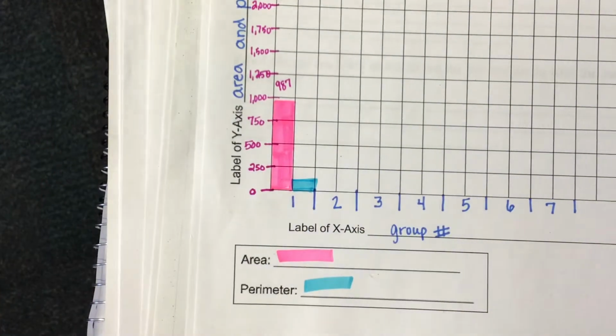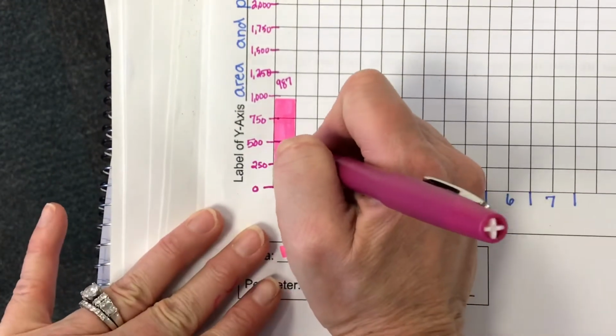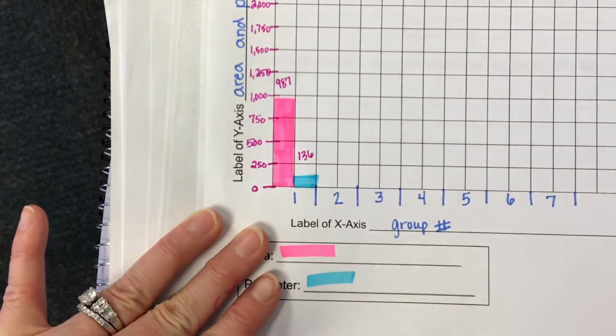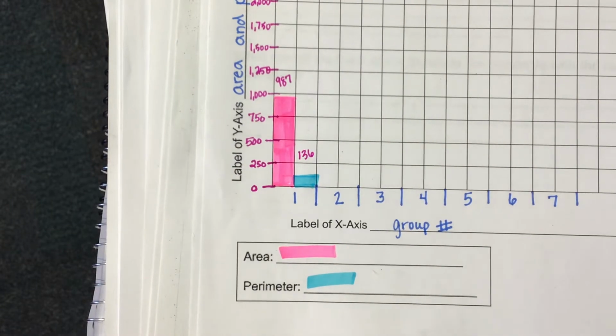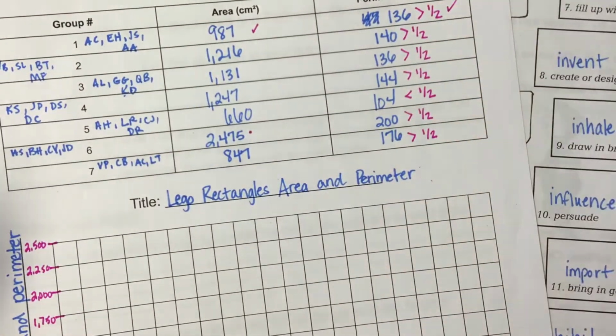And again, because I want to make it clear what's being represented, I'm going to go ahead and write the number 136. And then I'm going to check this off because we've already graphed that number.